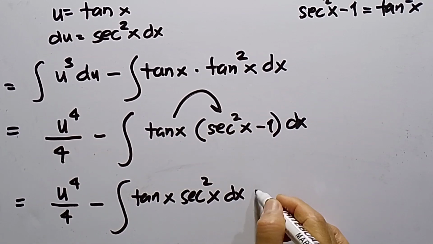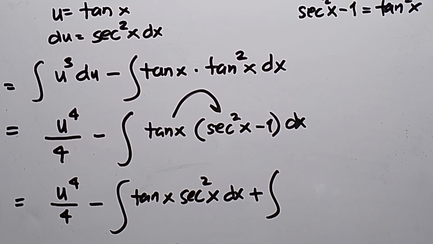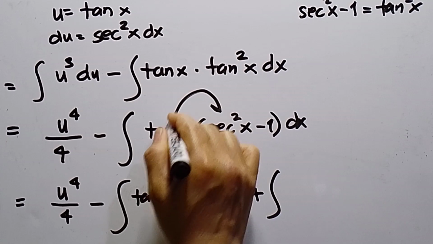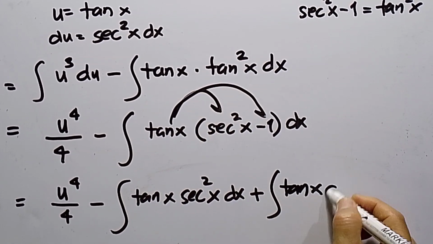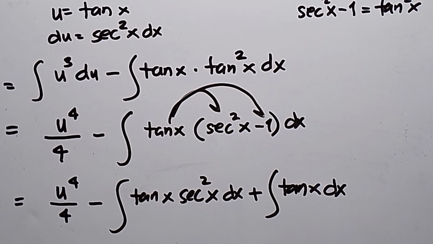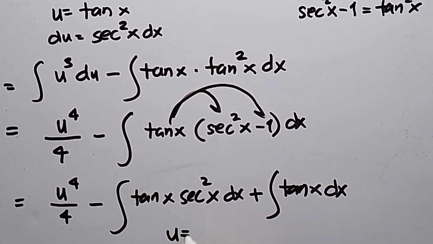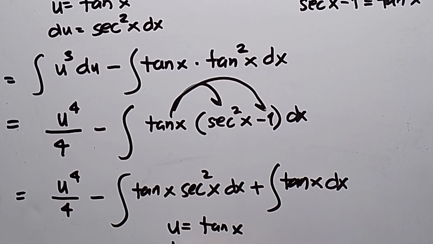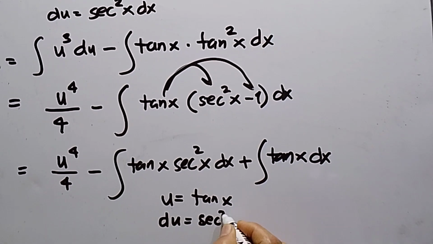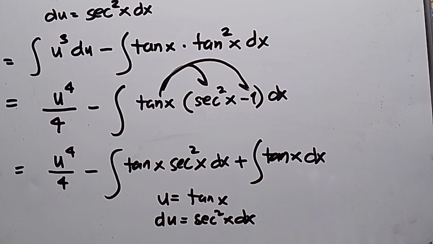Negative times negative, this will be positive, integral of tangent x dx. So in here, let u be tangent x. Du will be secant squared x dx.